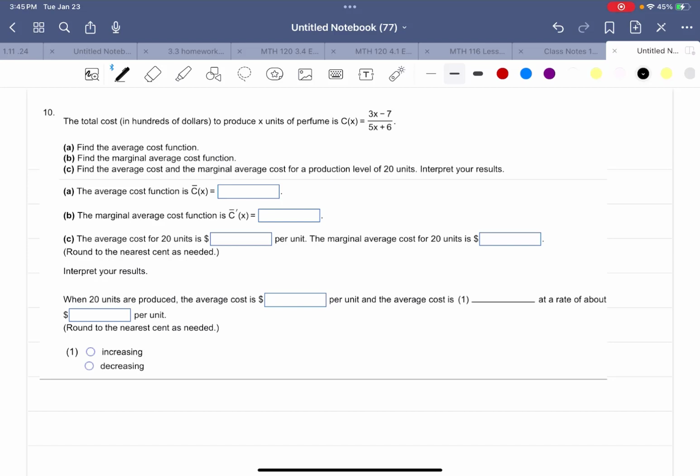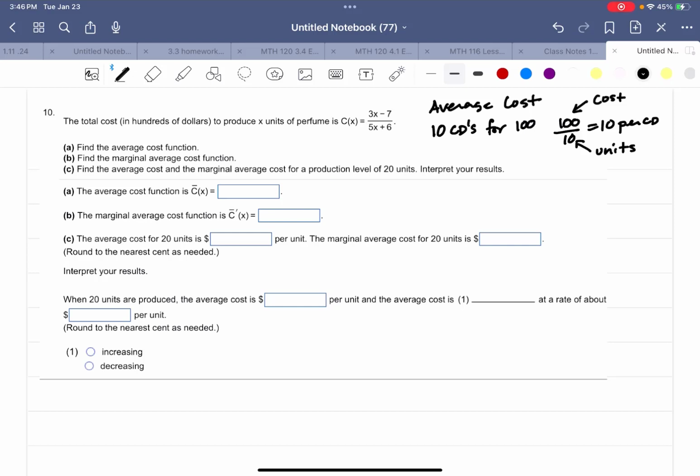Now, first of all, let's talk about average cost. If you sell 10 CDs for $100, then your average cost was 100 divided by 10, or $10 per CD. So it's cost divided by units.